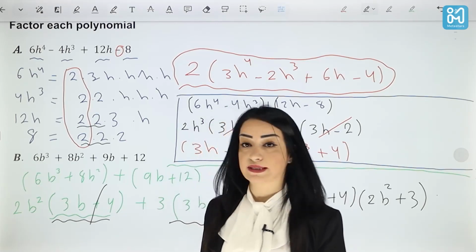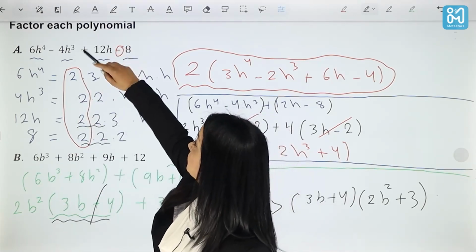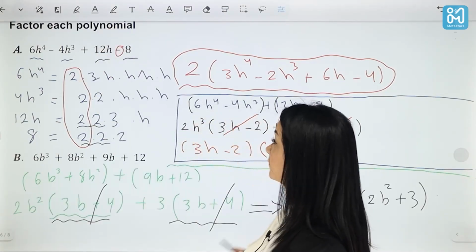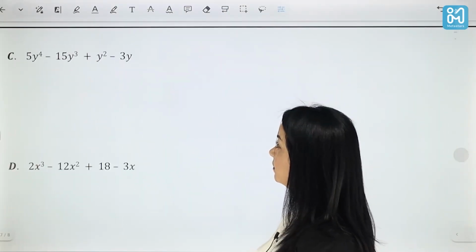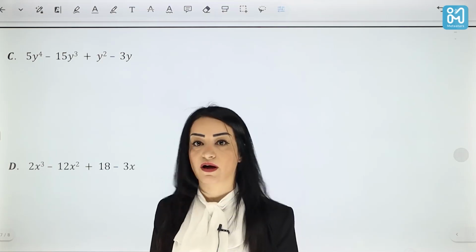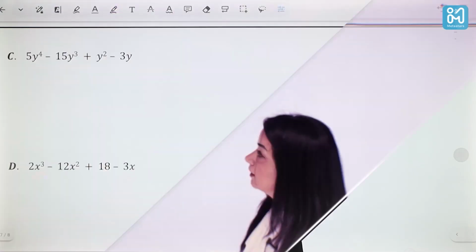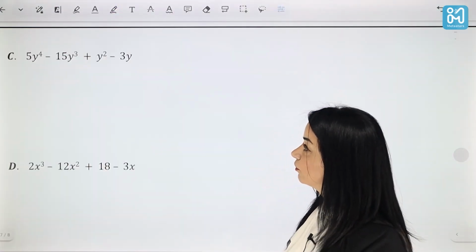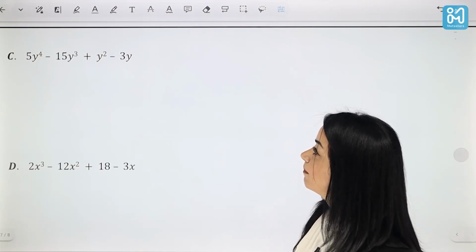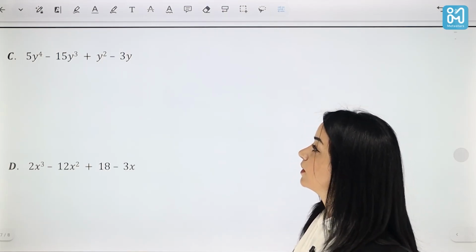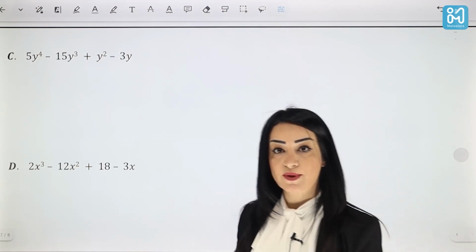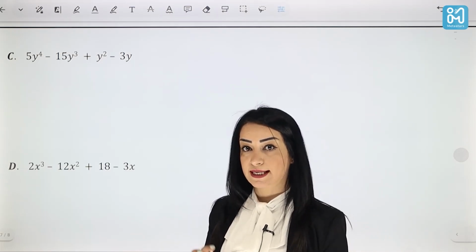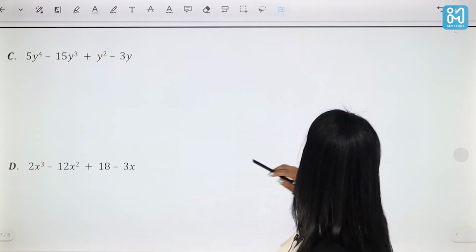Okay, let's take more examples here and see how to factor this. 5y to the power 4 minus 15y cubic plus y squared minus 3y. So here I have 4 terms, so let's factor by taking each 2 together.